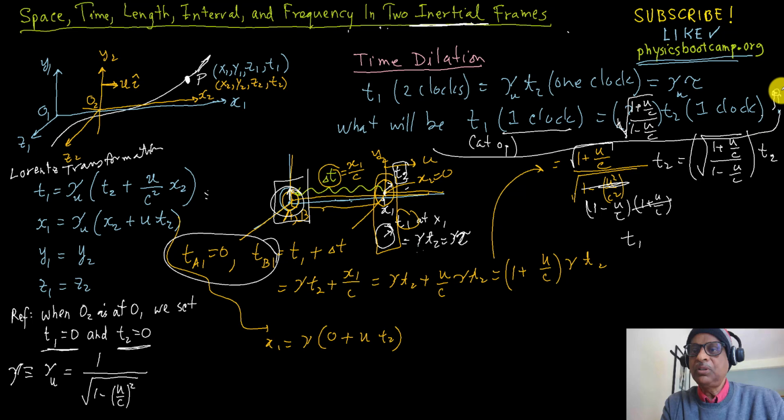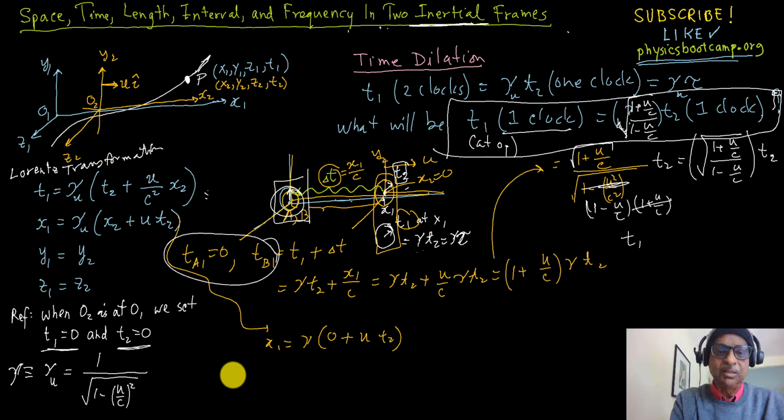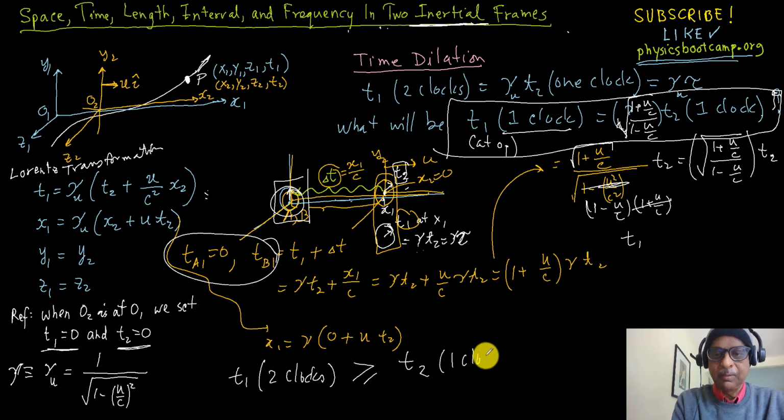So this actually is very important, and that goes into what frequency of light. Okay, so there are two different time dilation formulas you can get. So you can see this t1 at 2 clocks is always getting t2 1 clock at O2, right?